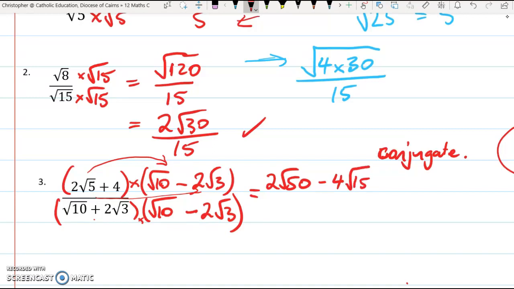Then we're going inner, a positive and a positive give a positive. 4 times root 10, or 4 root 10. And then our last 2 terms are these 2 here. We're going positive and a negative give a negative. 4 times 2 is 8, and then root 3 on the end. So that's the top expanded.